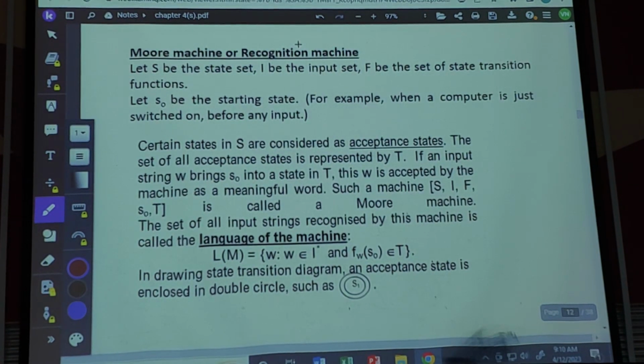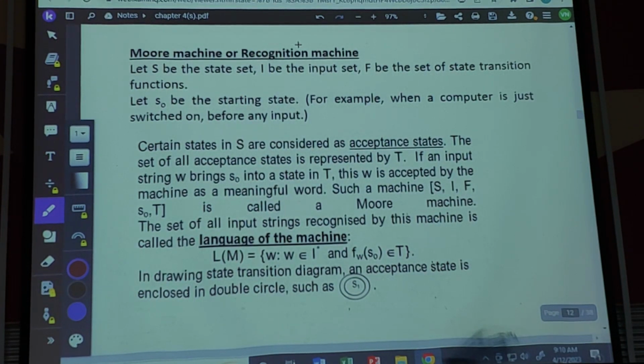So in order to have input that can be understood, we need to have the input string go to the acceptance state. Whenever your input string can reach the acceptance state, then the machine will understand it, and it can convert and produce the output.